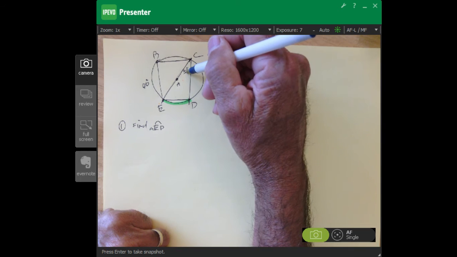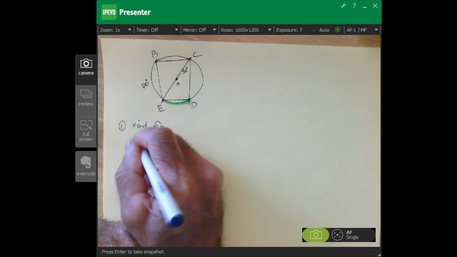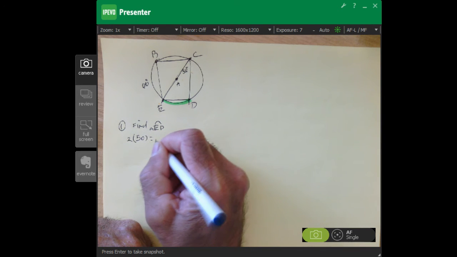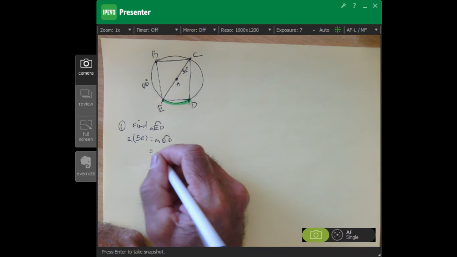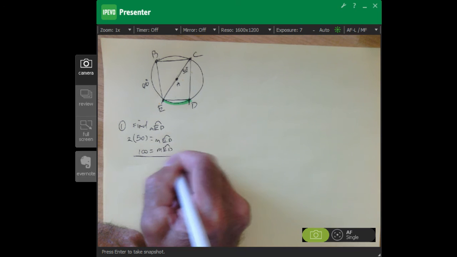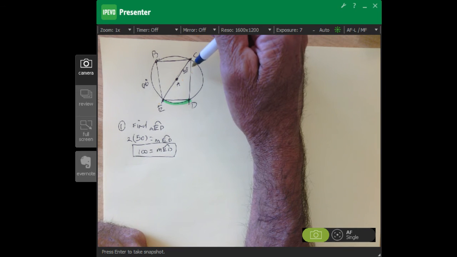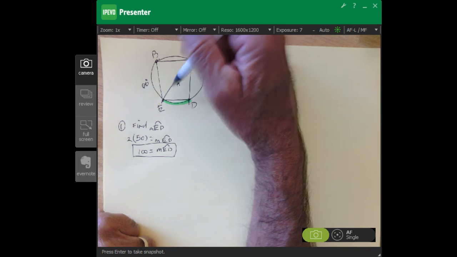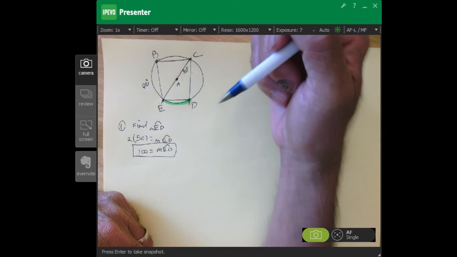So we take this times 2, so 50 times 2 gives you the measure of arc ED. Well, that means the measure of arc ED would be 100. So we used only that theorem, and we didn't have to do any kind of adjustment, so we found that directly.